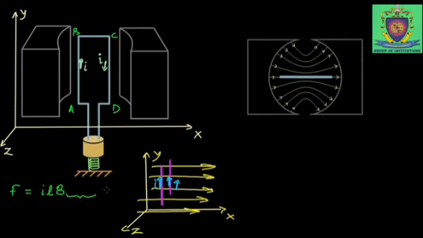Sine 90 is nothing but 1. Therefore I can write my magnitude of the force is ILB. So you understood how I have written it; sine 90 becomes 1. So this is about the force magnitude here.